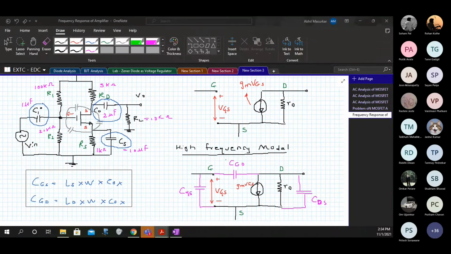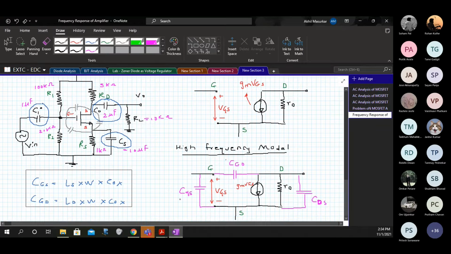So if these values are in picofarads, let's say this is like 1 picofarad, this is 1 picofarad, this will be like 0.1 picofarad, so it will be like 10 times smaller than this. So the impedance offered by CGD and CGS are significant.